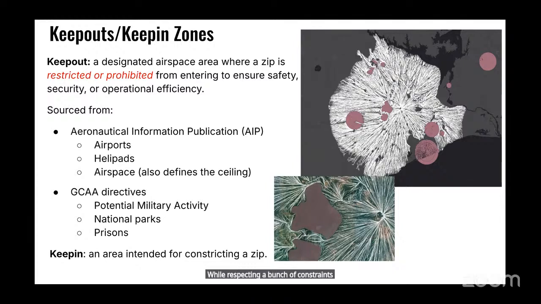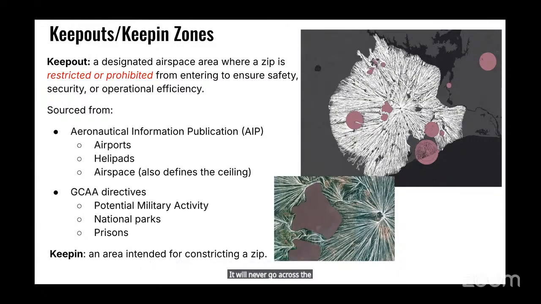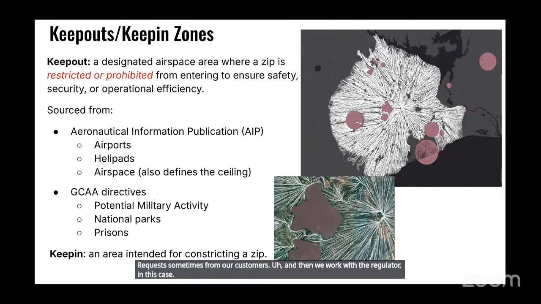In this case, the constraints are the keep outs and the ceiling and all of the things that we spoke about. You notice that for each of these keep outs, the graph is not flying over it, it is respecting it. It will never go across the keep out. Of course, we do sometimes get very special requests from our customers, and then we work with the regulator, in this case the Ghana Civil Aviation Authority.